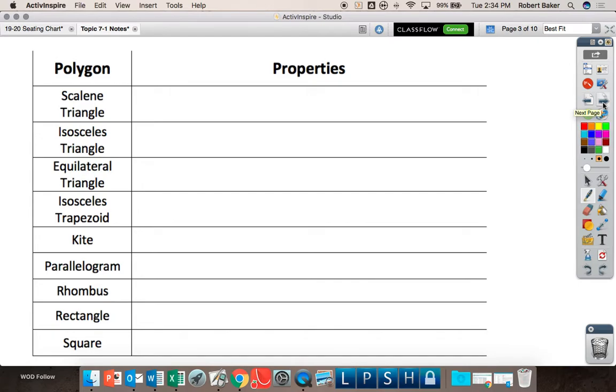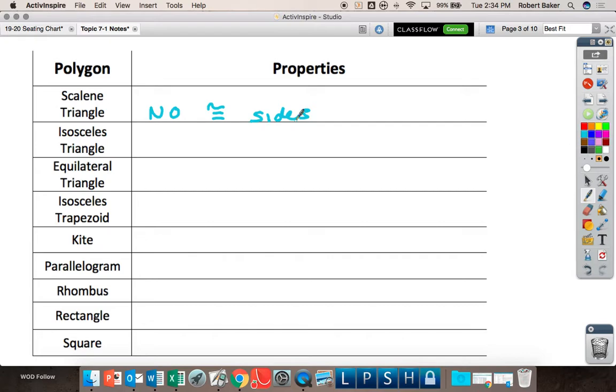Just remembering the properties of those shapes. So what makes a scalene triangle a scalene triangle? The sides are all not equal. So no congruent sides. So a scalene triangle has all 3 sides that are different lengths. So what formula would you use to determine if a shape is a scalene triangle?